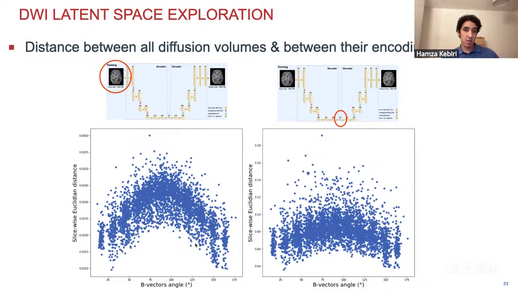This is what we see here: when the angle is 90 degrees the distance is very high, and the more you go towards 180, it gets close, it's similar. We see the same pattern also in the latent space, which was quite reassuring. These 3 points, for instance, are mapped to these 3 points here.